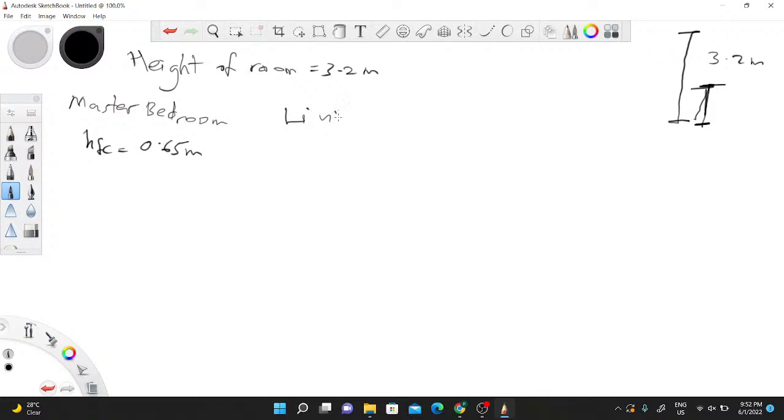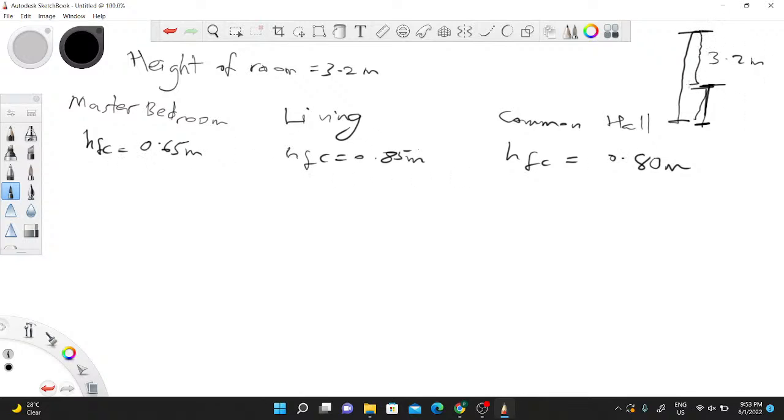Then for our living and dining, our HFC is 0.85 meters. And for our common hall, our floor cavity height is given by 0.80 meters.